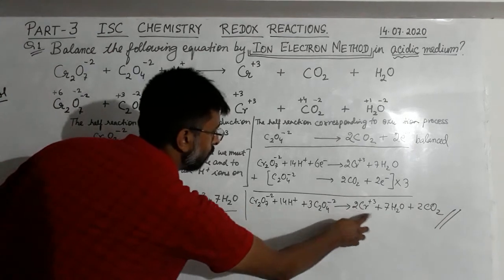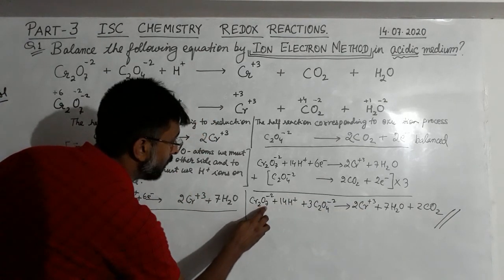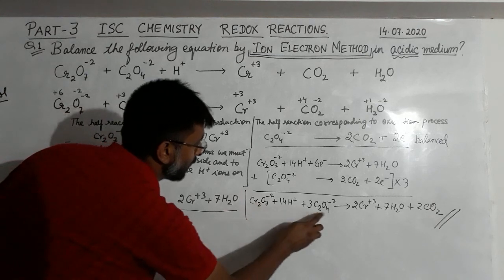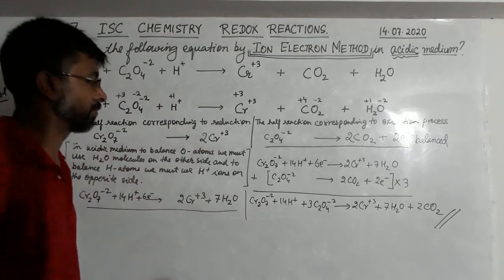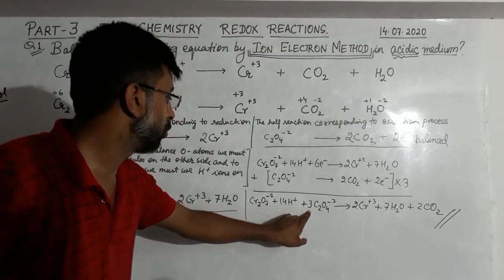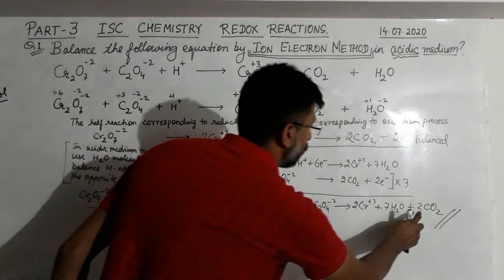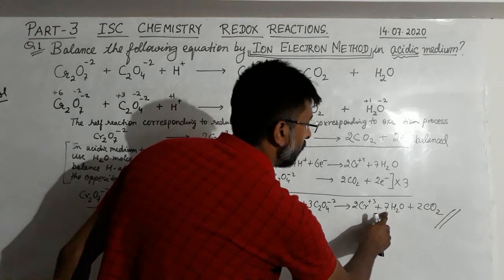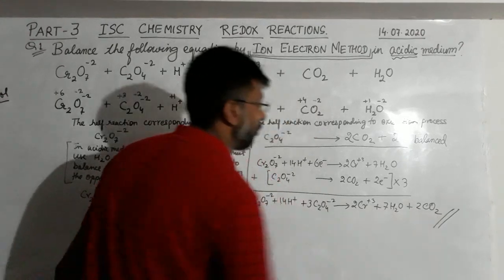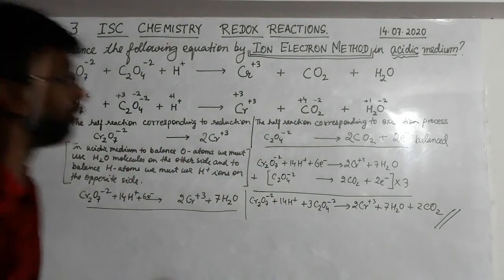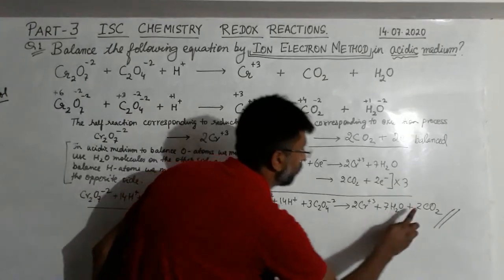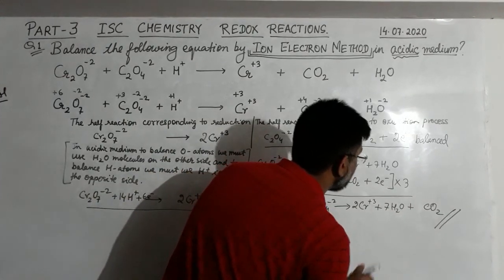Chromium 2, chromium 2. Oxygen is 7 over here, plus over here 4 3s are 12. Just check. 4 into 3 is 12. 12 plus 7, how much? 19. Oxygen over here, 2 2s are 4. Just a second. Oh, this one I made a mistake. 3 2s are 6. Carbon dioxide will be 6.